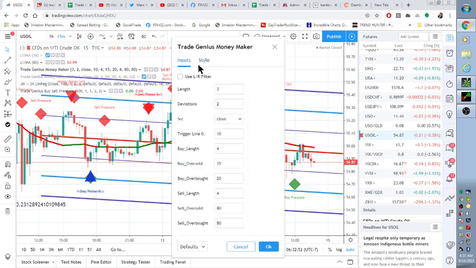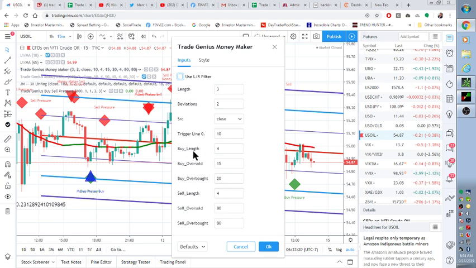look at the inputs here. I do a quick look back of 3, with 2 standard deviation. That's not relevant for this conversation because I have the dynamic linear regression off. And we don't use the filter; if you turn it on, it's a way in which you could look for extreme moves, but I'm not interested in that for this purpose.